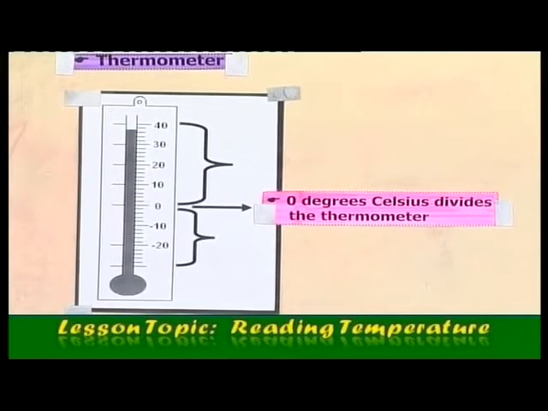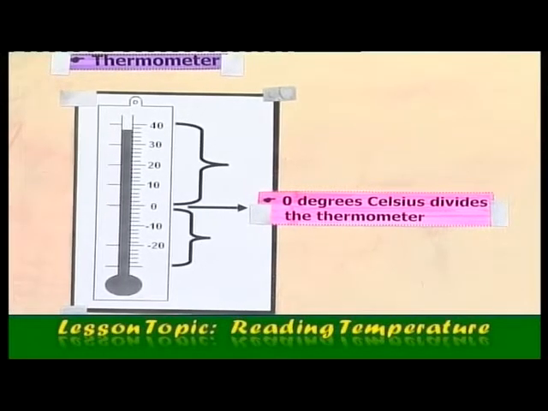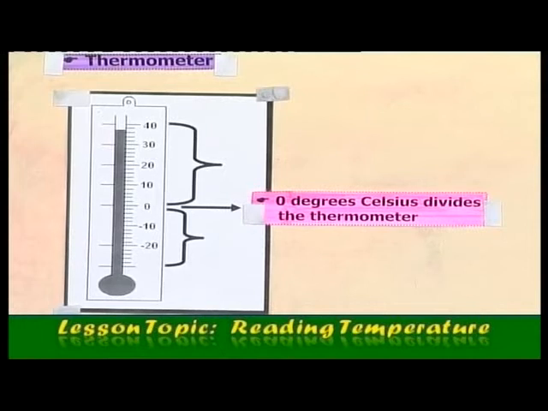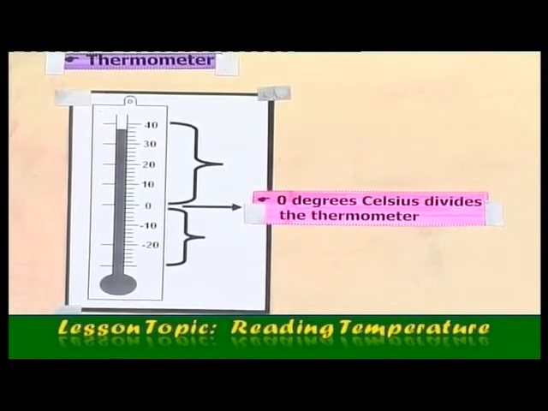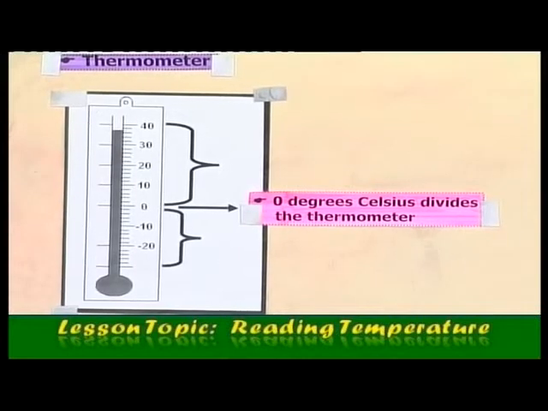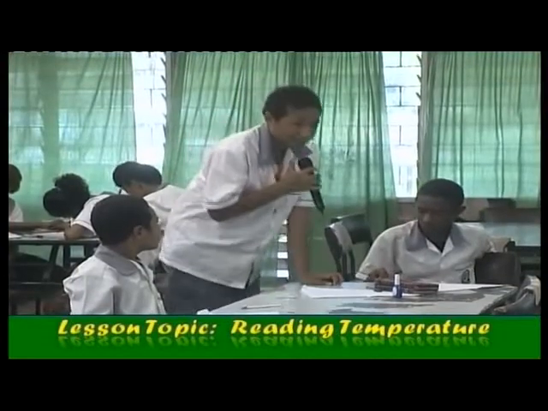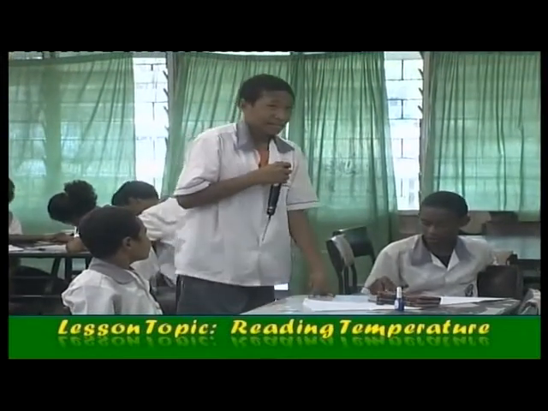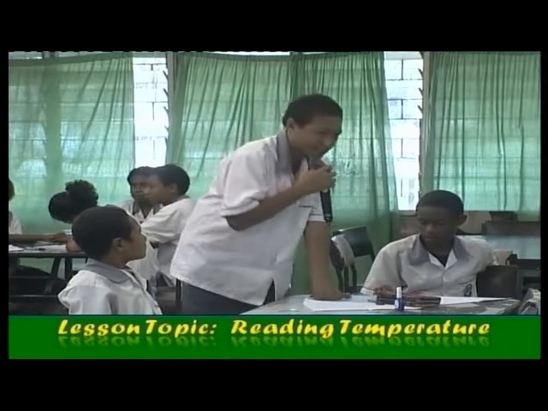Uval, would you like to tell us which of these numbers are which? The numbers that are going down are negative, and the numbers that are going up are positive.